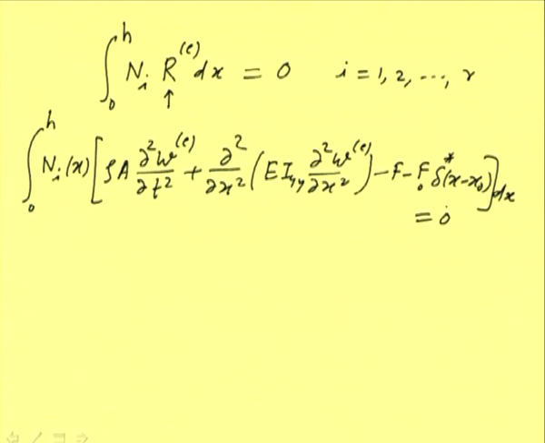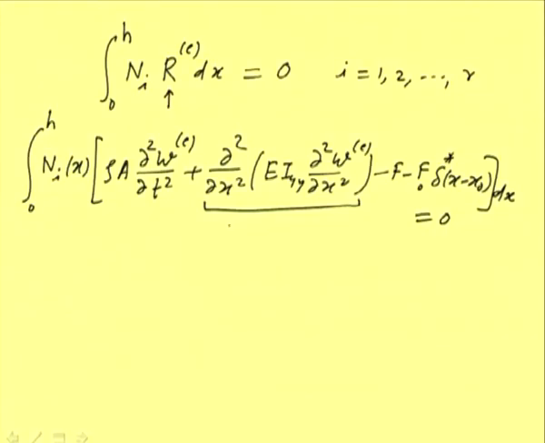Now in this particular term we will be doing integration by parts, so that we can have less stringent compatibility and completeness conditions for the assumed solution, which we are assuming in a polynomial form. So let us do the integration by parts of this particular term. This will give us, rest of the terms will remain the same.